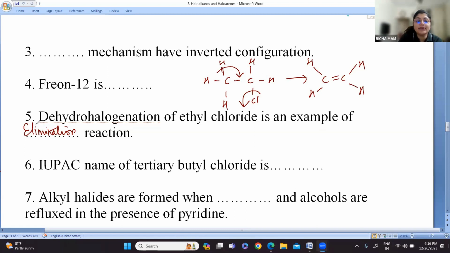So dehydrohalogenation is an example of an elimination reaction.